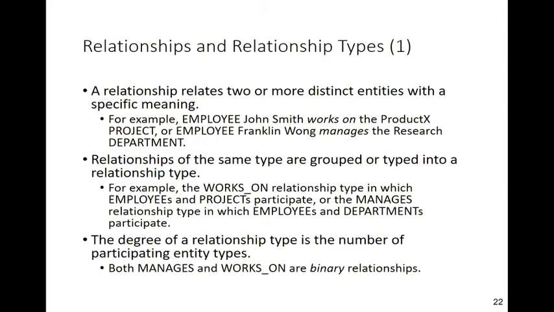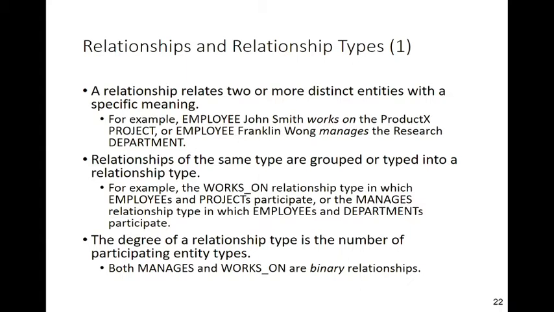Okay, so a relationship relates 2 or more distinct entities, so we actually have 3-way, 4-way, sometimes 5-way relationships to create things. They are typically pretty rare, but they do exist. So you need to know that they do exist. But in general, it's 2 with a specific meaning, right?